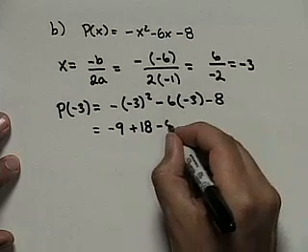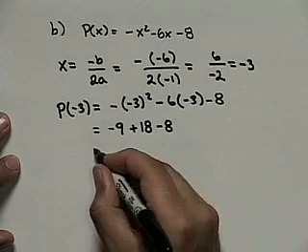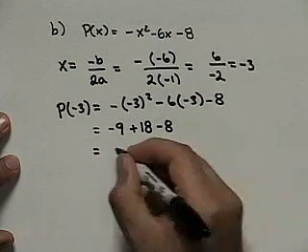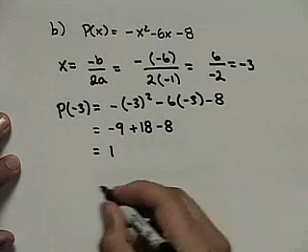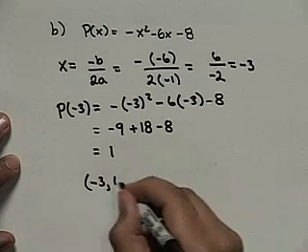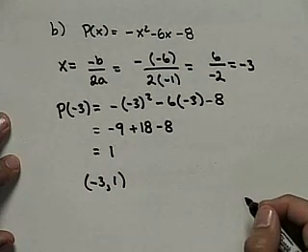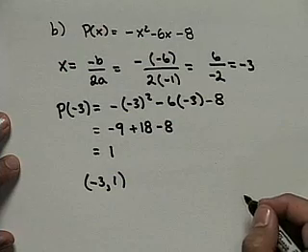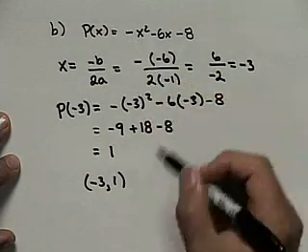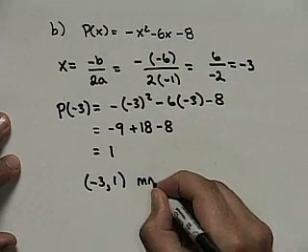And then we have a negative 8 at the end. So negative 9 plus 18 minus 8 gives us a value of positive 1. So here we find that the vertex lies at the point negative 3, positive 1. Now to determine whether it's a max or min value, we look at the value of a. Since this value is negative, the parabola opens downward, and that makes this point a maximum value.